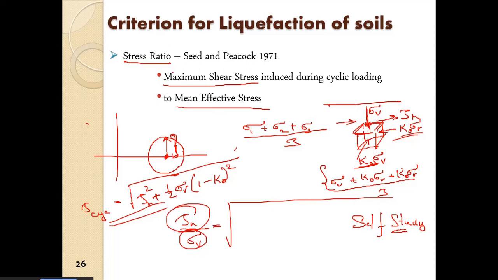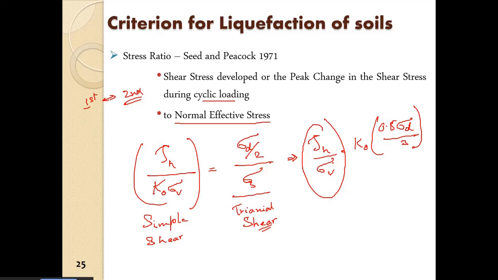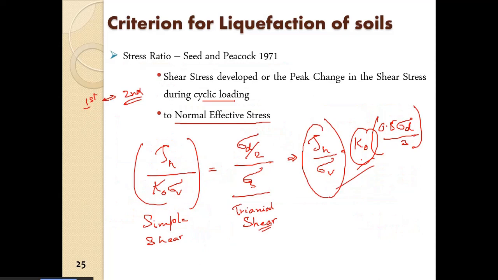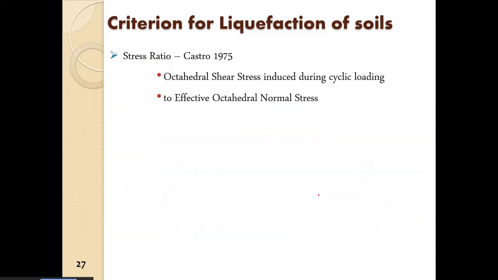This is actually the third criterion given by Seed and Peacock. The first and second are almost similar, and therefore I have clubbed them together. That is defined by the k naught. Ultimately here also you have to find it in terms of confining stress, and the value of k naught you have to find out.